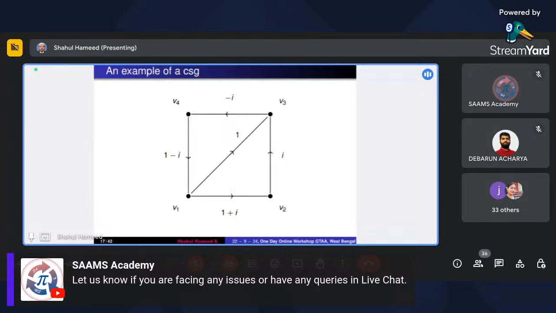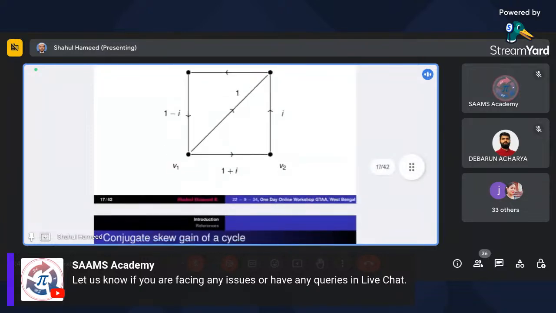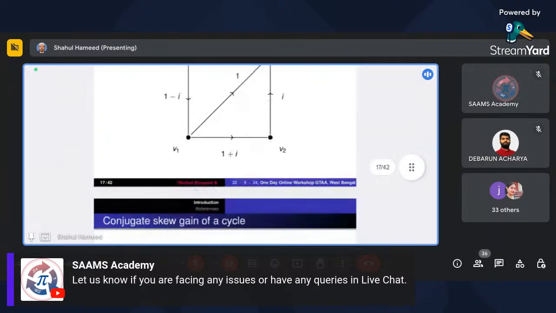Complex unit gain graphs means it is not in the entire plane. We take that group as T, the torus group, the unit circle in the complex plane, the set of all z such that mod z is equal to 1. So the modulus there will be 1. Okay, so here we can have any complex numbers.